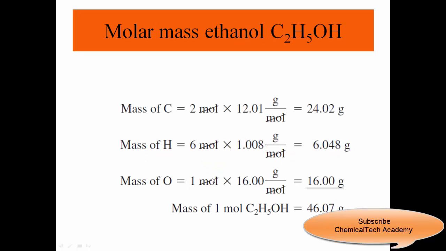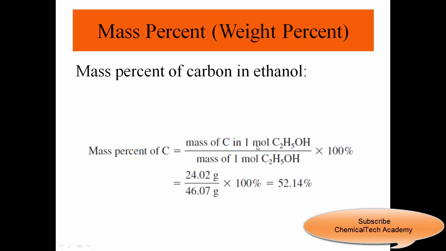Because we have 2 moles of carbon in 1 mole of ethanol, the mass of carbon is going to be 24.02 grams. So 24.02 grams divided by the molar mass of ethanol, 46.07 grams, multiplied by 100% to get the percentage, is going to be 52.14. So that's the mass percent of carbon in ethanol.